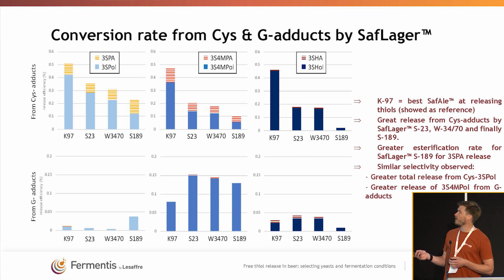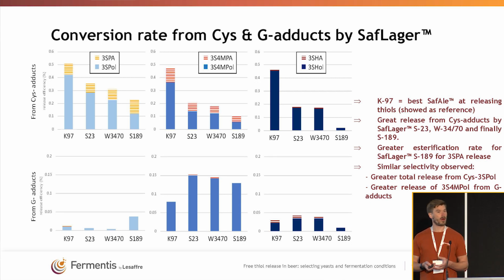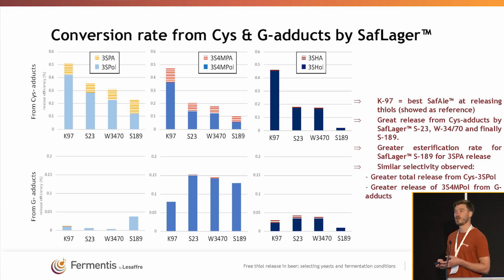And then we have our 3 lager strains, S23, W3470, and S189. And very, very surprisingly, lager strains have very good efficiency in releasing thiols. If we compare with the best one from the ale range, you have a very nice extraction of thiols with the lager strains.